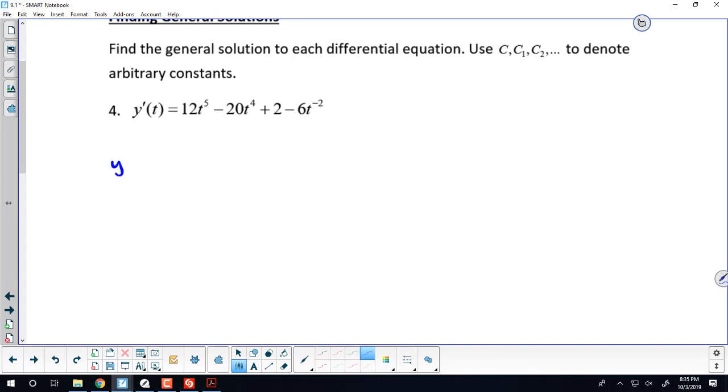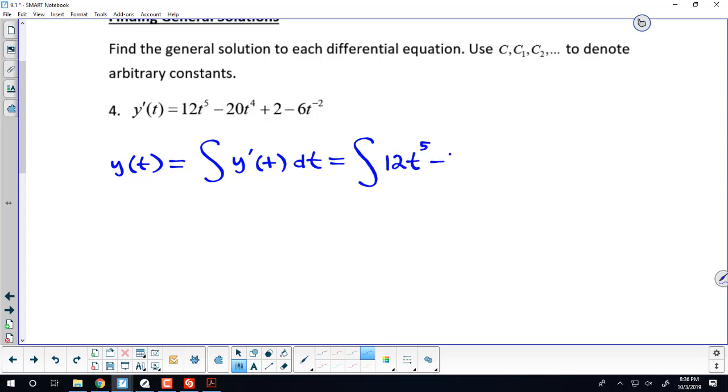We would say y of t equals the antiderivative of y prime. So we just take the antiderivative of 12t to the 5th minus 20t to the 4th plus 2 minus 6t to the negative 2 with respect to t.